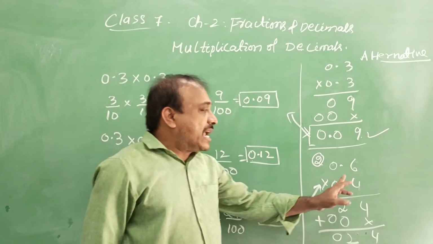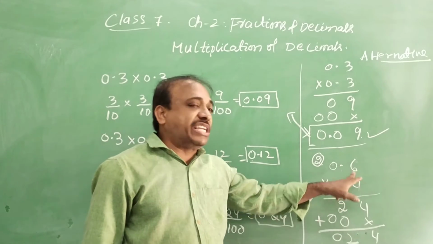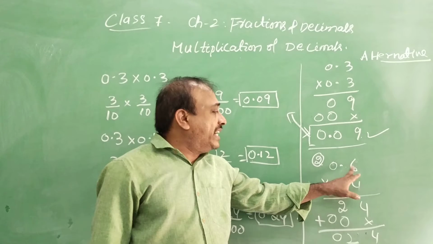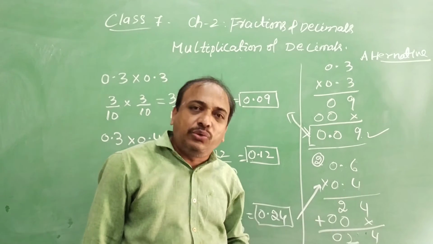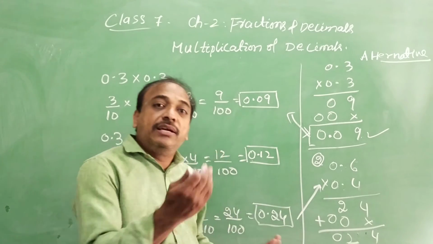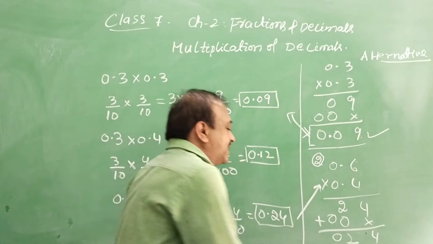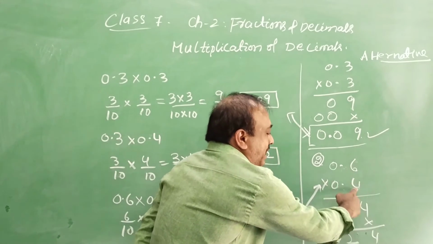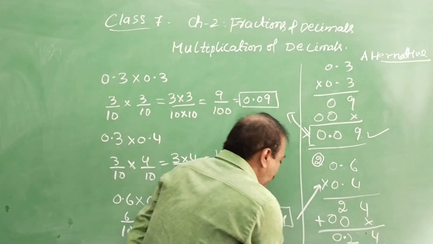Now you count the decimal places in each case. Here 1 and here 1, together 1 plus 1 is 2. In the product, you count from the right side, leave that many digits and place the decimal point. 1, 2. So 0.24 is the answer.